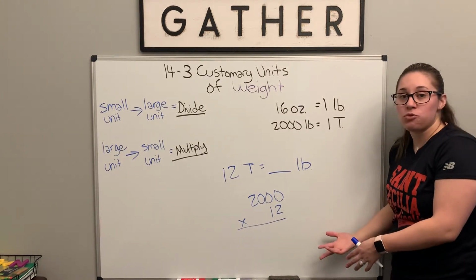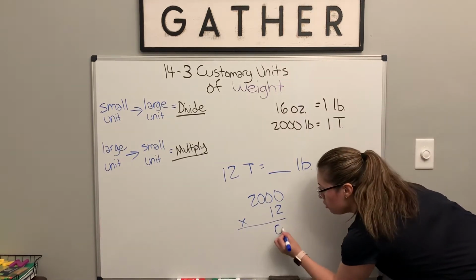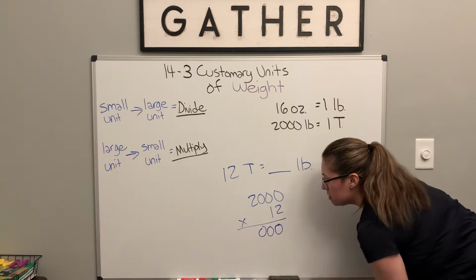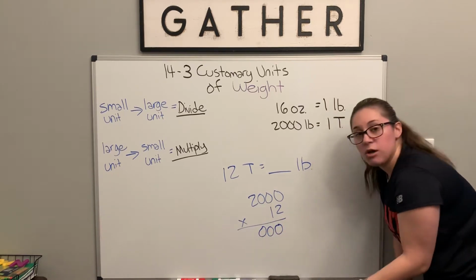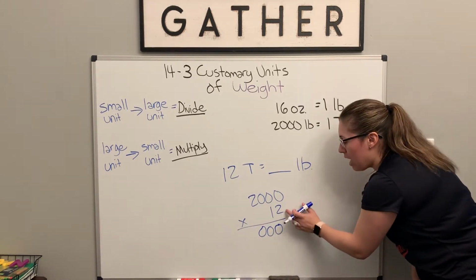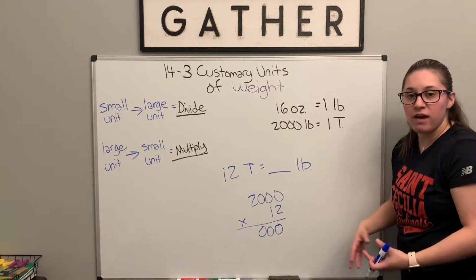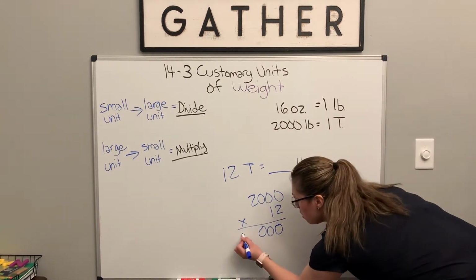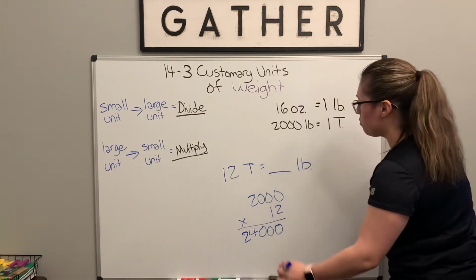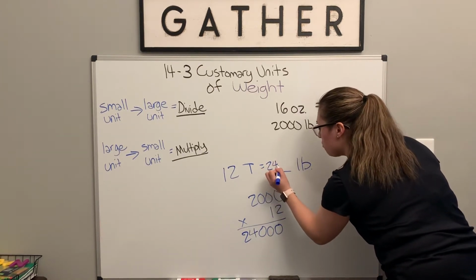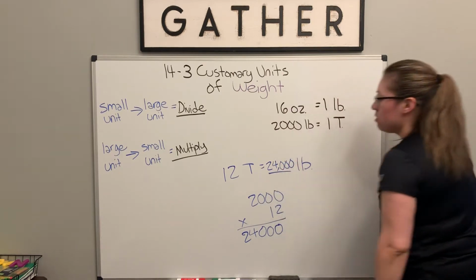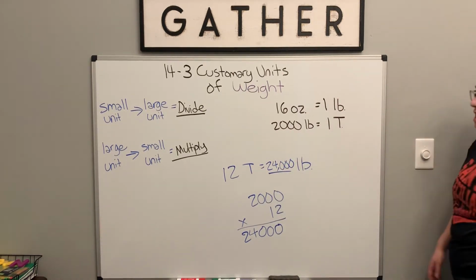There are going to be 3 zeros in the answer. So you could place your placeholders here with those zeros and then multiply what you have left over. So we have the 12 and we want to multiply that by 2. That's an easy multiplication fact because 12 times 2 is 24. So we're talking about 24,000 pounds here. 12 tons is 24,000 pounds.